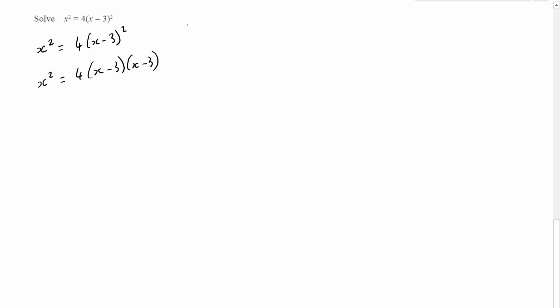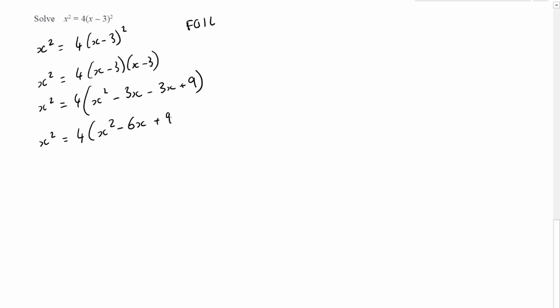And if you remember the FOIL method, we do the first, outer, inner, last. When we employ that method, we get x squared minus 3x minus 3x plus 9. Then I can simplify this and it gives me x squared is equal to 4 times (x squared minus 6x plus 9).